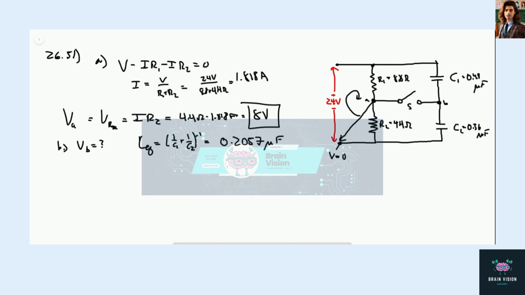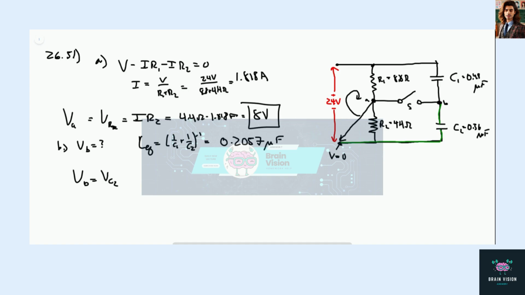If we're looking for the voltage at point B, since C2 is connected up to the 0 voltage point, this is the same as the voltage across C2. We can see this because the 0 point to point B can follow along this track where it only goes across this one capacitor.